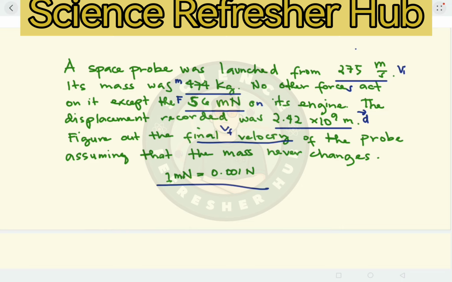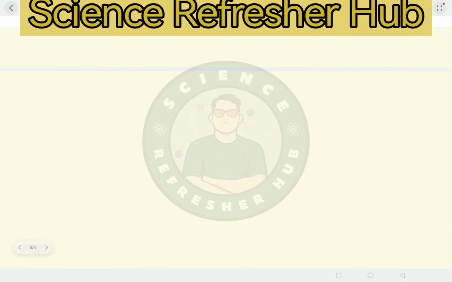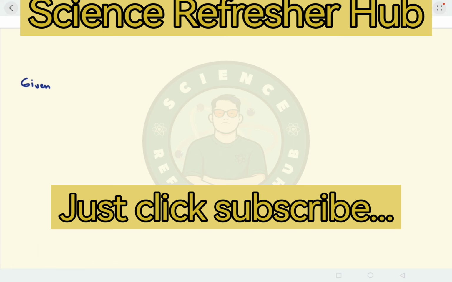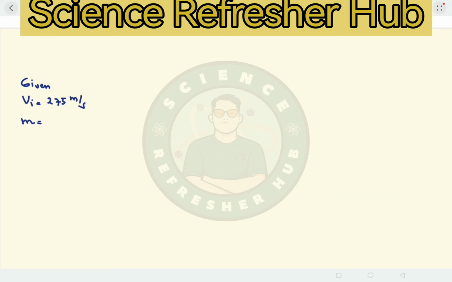So we have our conversion here: 1 millinewton is equal to 0.001 newton. Let's do it. Let's have the givens first. The givens are our initial velocity, 275 meters per second. We have the mass of the probe, 474 kilograms. We have the force, 56 millinewton.